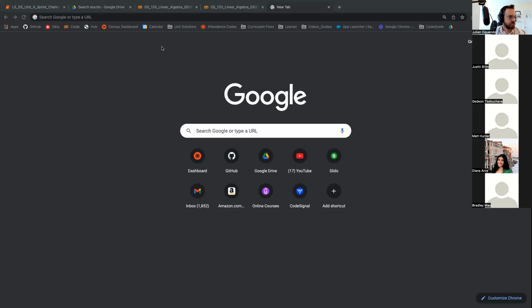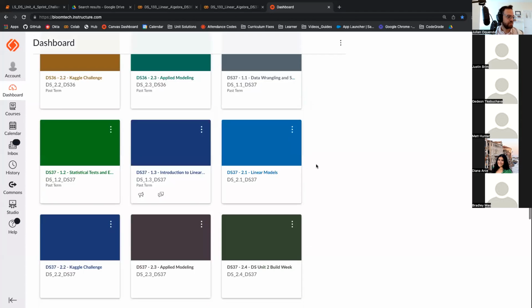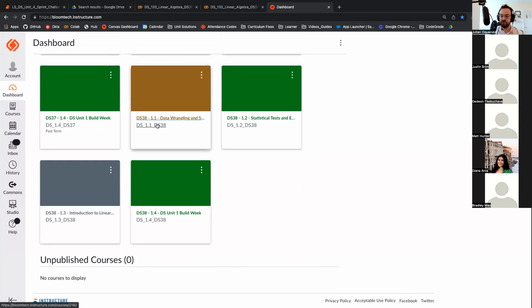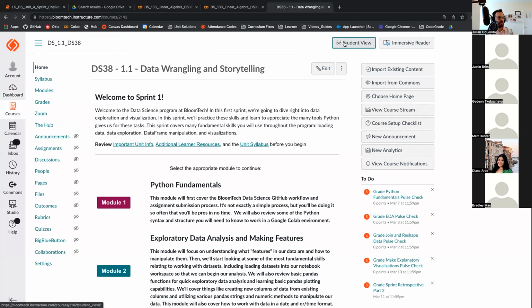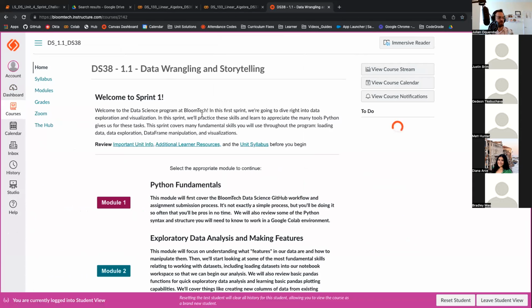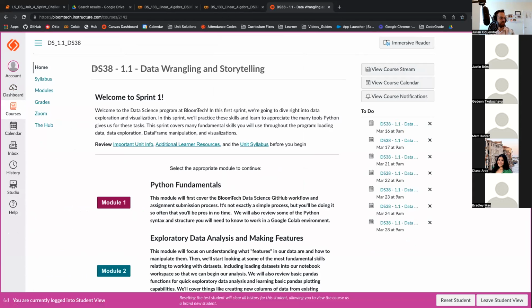In the meantime, I'm going to show you, if you don't know what your score is currently on your sprint assessment or your sprint challenge, you can go over to your Canvas dashboard, and I'm just going to show you how you can look at your grades for each individual module. So if you go over to your individual module, you've got your data wrangling. I'm going to go ahead and adjust this to student view. You'll see that this is your DS38 for data wrangling and storytelling 1.